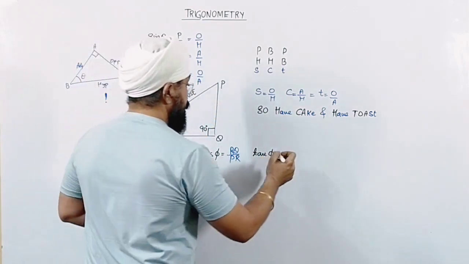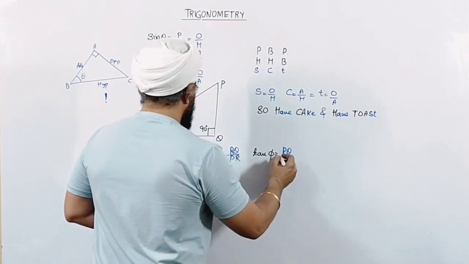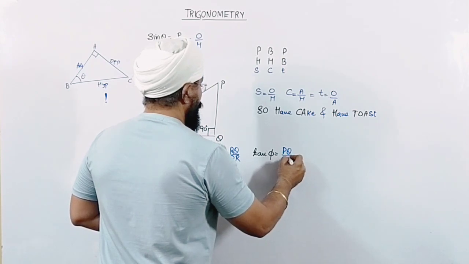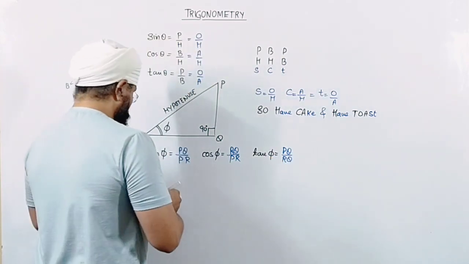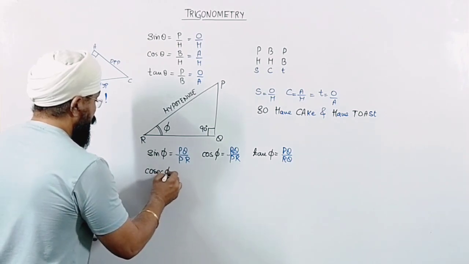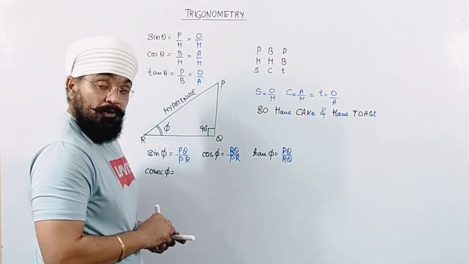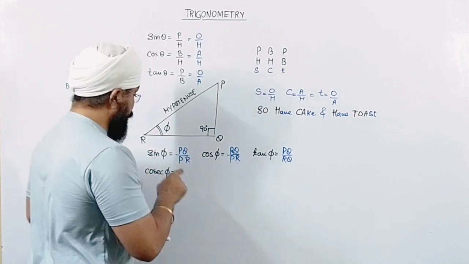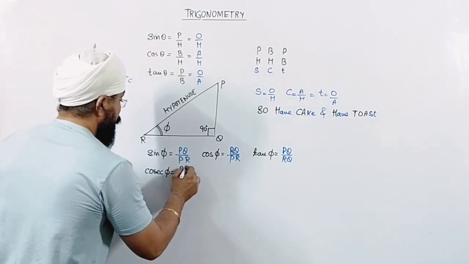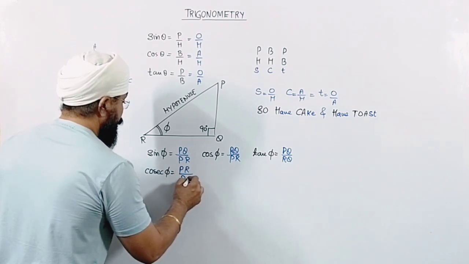Opposite to this one is PQ, and base means the adjacent side is RQ. Clear? So here you can see I'm again using cosec phi. Cosec phi is hypotenuse upon opposite, and one thing you can remember is that it is just the reciprocal of sine. So we can write here PR upon PQ.